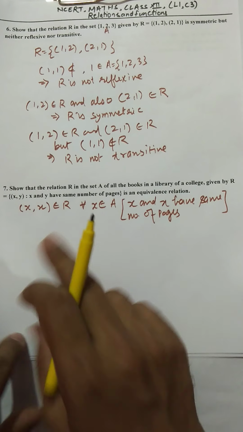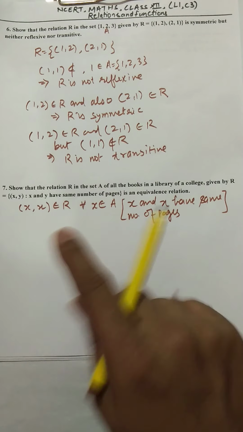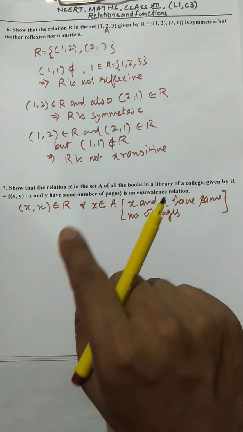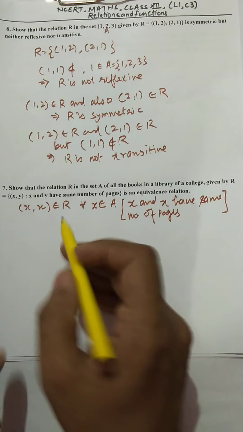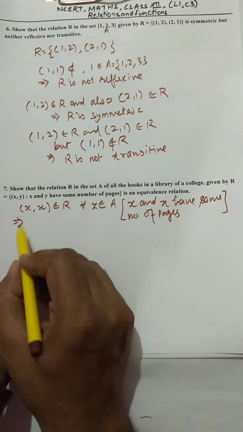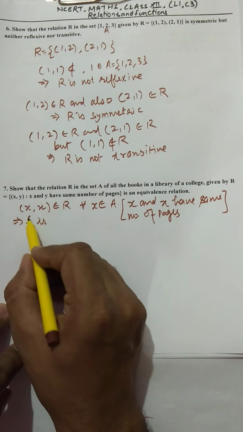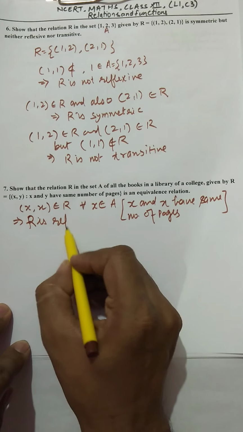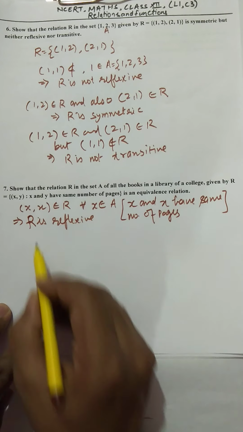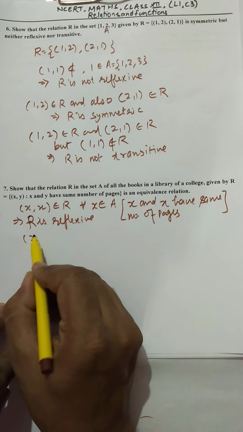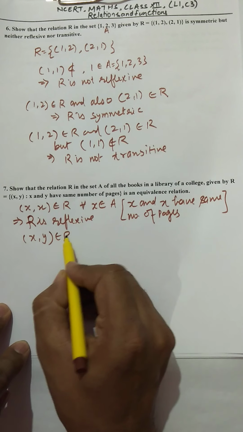This is the same book, or you can say there are two books of the same type, so this is reflexive. So we can say that this relation R is reflexive.